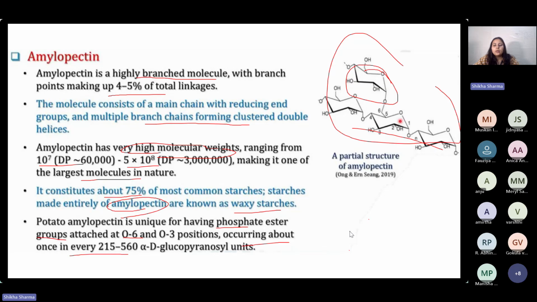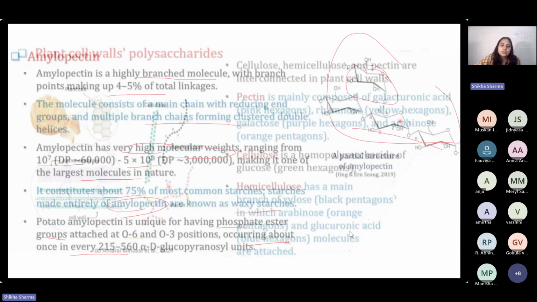So basically this starch is made up of two units, amylose and amylopectin. Amylose is the linear one and amylopectin is the branched one, and most starches contain around 25% amylose and 75% amylopectin.